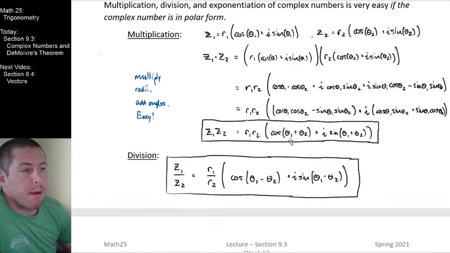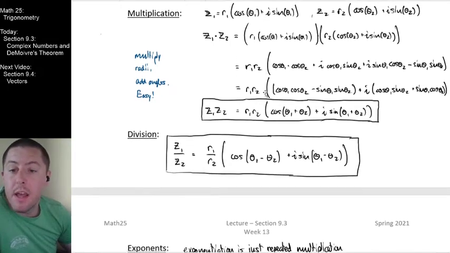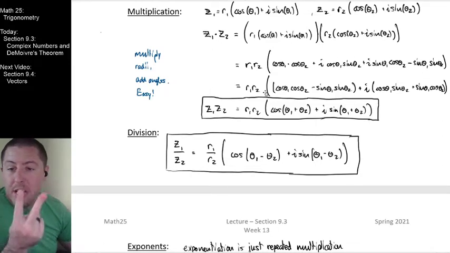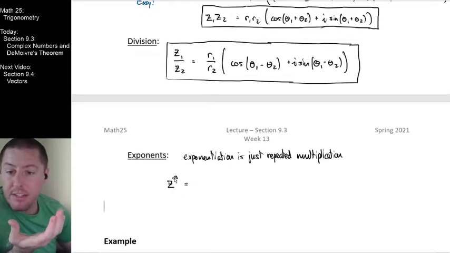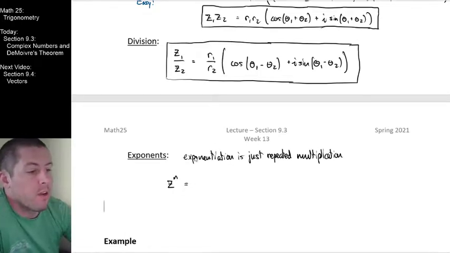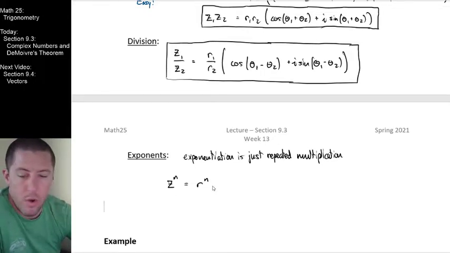Well, all I got to do is look up at my multiplication rule. That would be like doing z times z. In that case, you'd get r times r, which would be r squared, because we only did a multiplication of two terms. Here, if we're doing a multiplication of n terms, we should get an nth power. So r just gets taken to the nth power. You don't have to do any kind of weird thing with that.